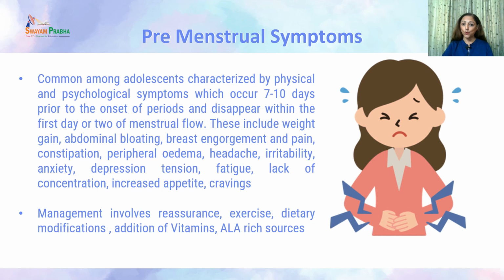These include weight gain, abdominal discomfort, breast pain or tenderness, constipation, peripheral edema, swelling, and then headache, irritability, anxiety, depression, tension, fatigue, or lack of concentration, increased appetite, craving for sweet or salty foods.